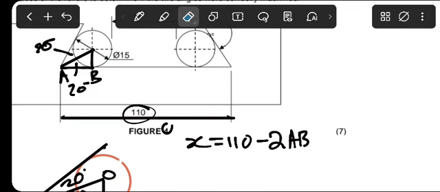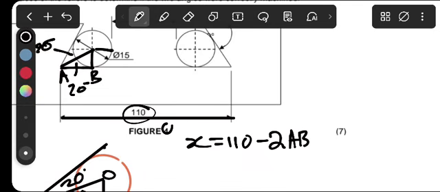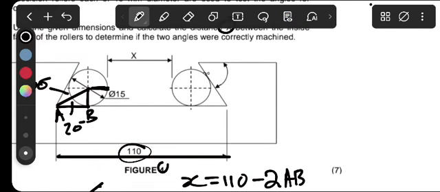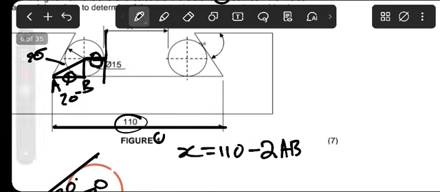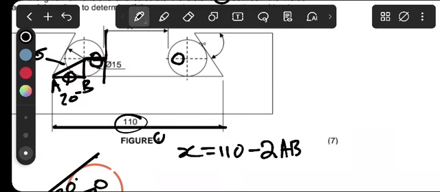Also we're subtracting the radius. We've subtracted that distance, and we're also subtracting the radius on the other side.